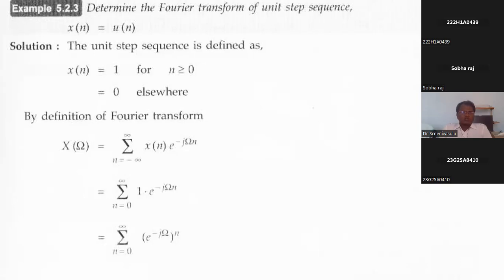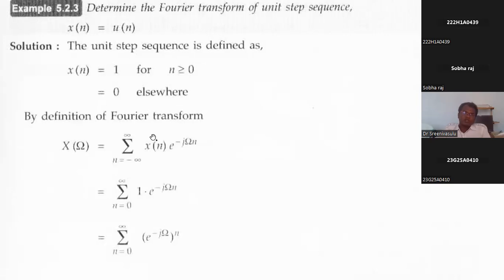Now, as usual, the formula of the discrete time Fourier transform: X of omega is equal to DTFT of x of n, which is the summation from n equal to minus infinity of x of n into e power minus j omega n.